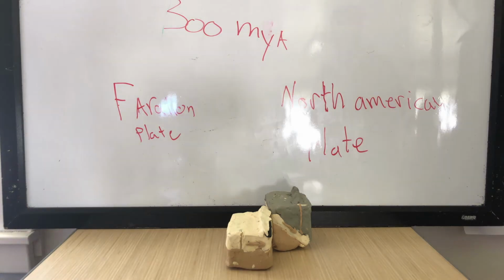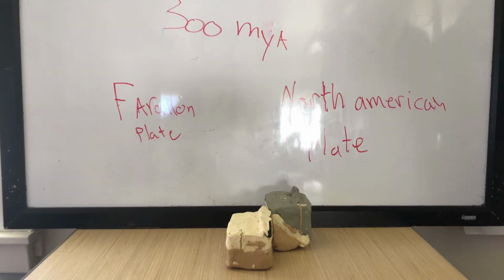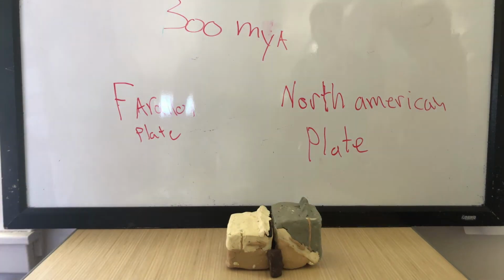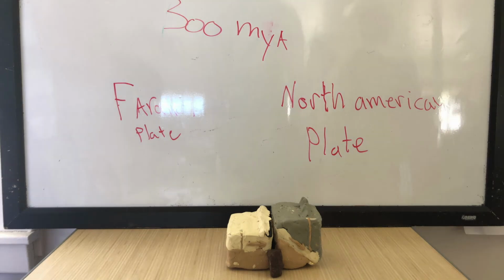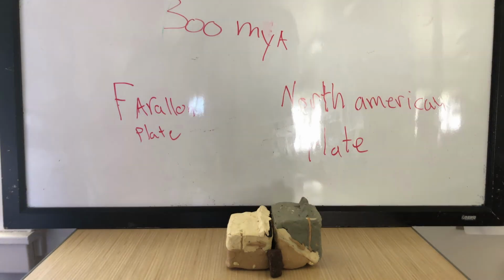The other type is when 2 continental crusts interact with each other, and since they are both the same density, none of them sink under the other, so they collide into each other and create huge mountains, such as the Himalayas.